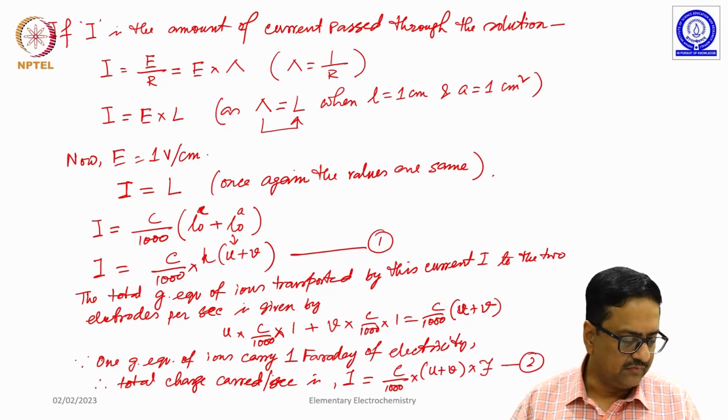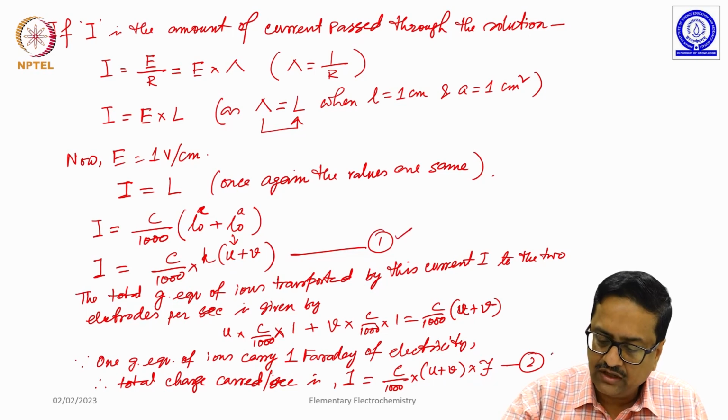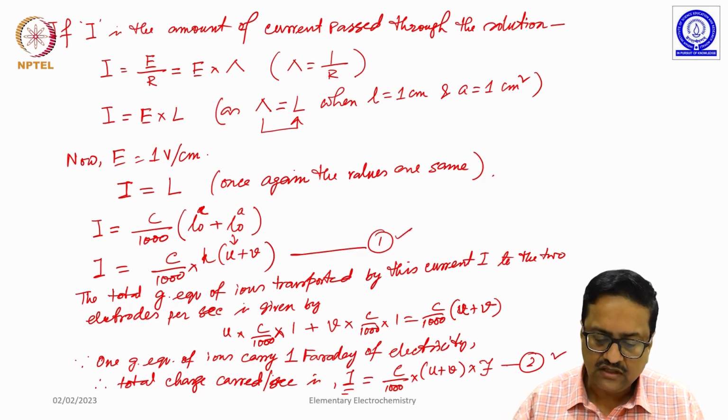This is equation number 2. Now we see that equations 1 and 2 have the same quantity on the left hand side.